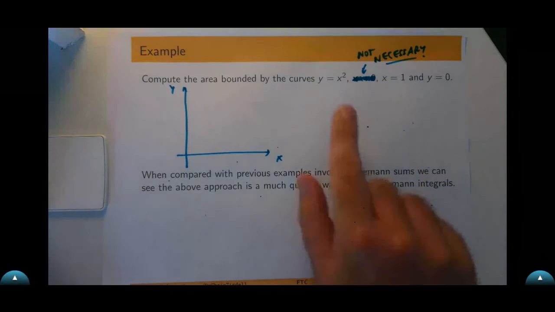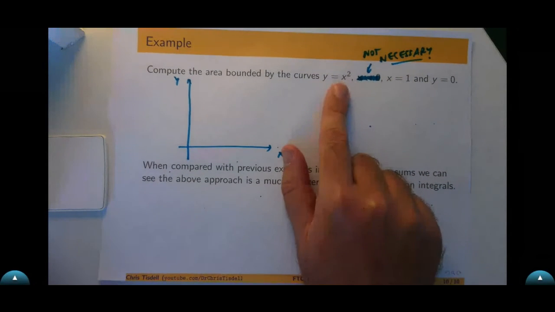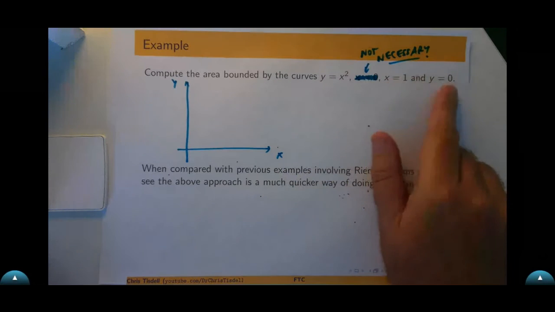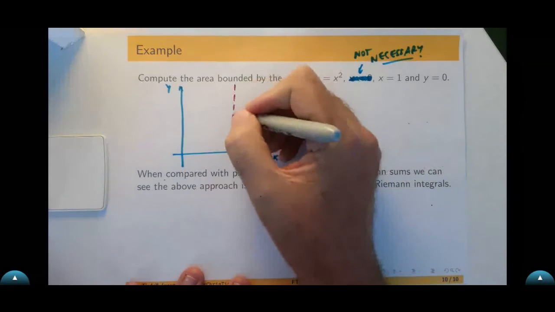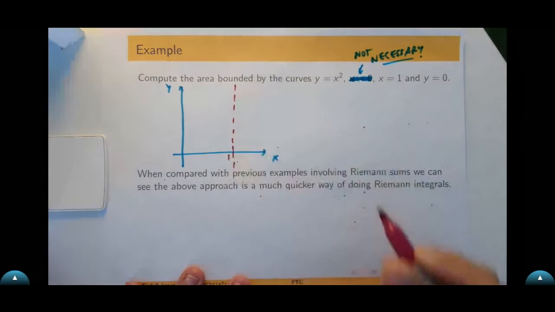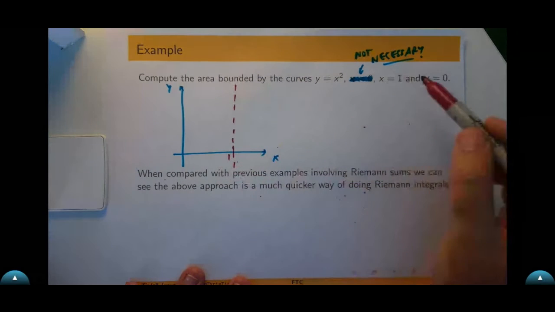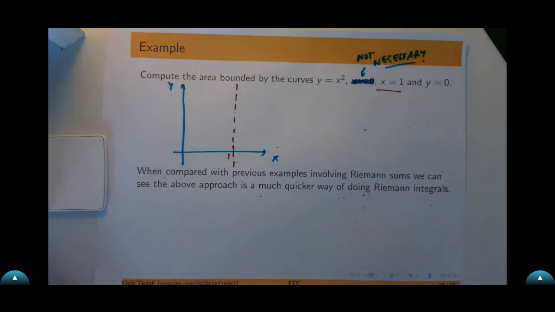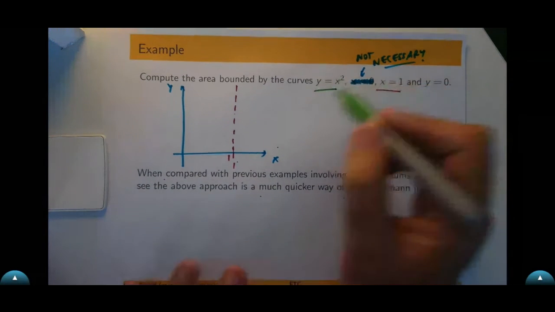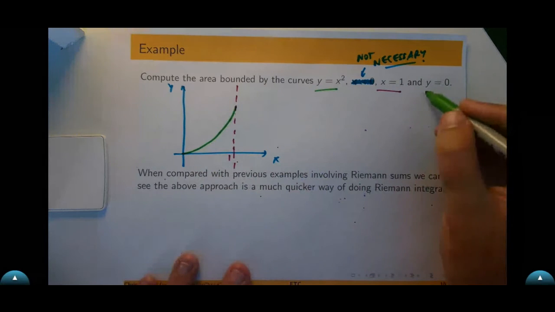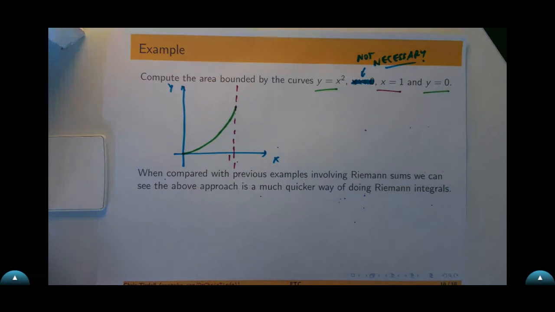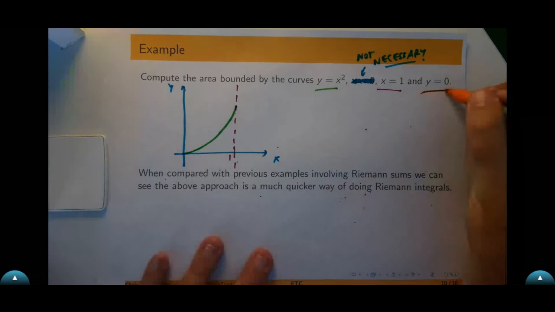Okay, so you've got a function or a curve, and then you've got these straight lines. So what the question is trying to ask you to do is to draw in these lines. Here's the vertical line, x equals 1. Draw in the curve y equals x squared, and draw in the curve y equals 0.